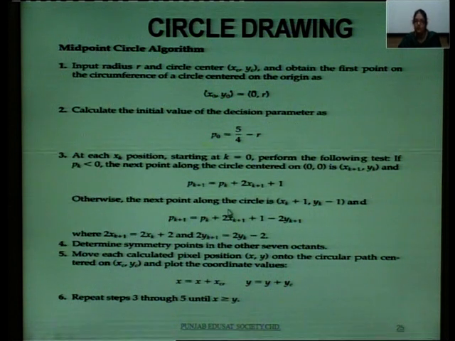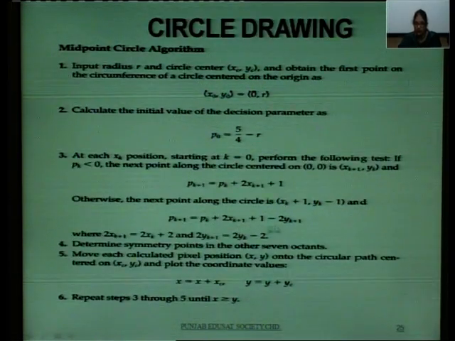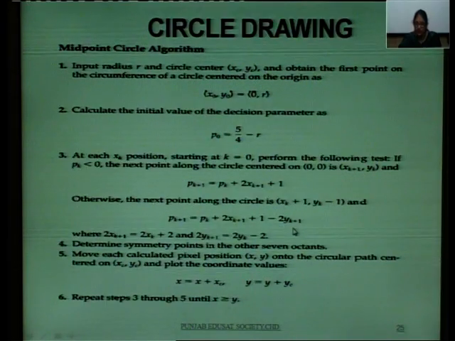Otherwise, the next point along the circle will be (xk plus 1, yk minus 1). So, the value of pk plus 1 will be pk plus 2xk plus 1 plus 1 minus 2yk plus 1, where 2xk plus 1 is equal to 2xk plus 2 and 2yk plus 1 is equal to 2yk minus 2.